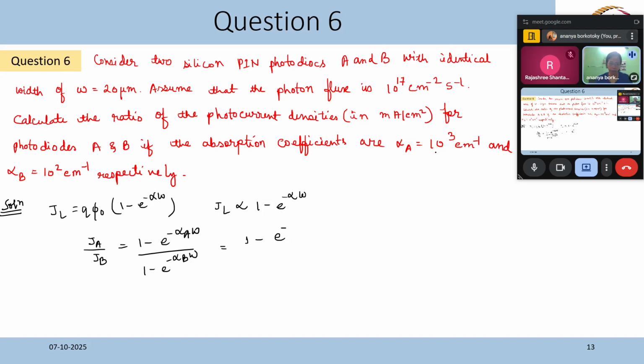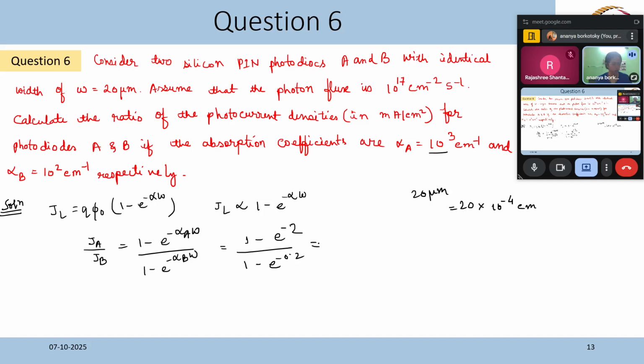Alpha is 10 to the power 3 and my W is 20 micron. In centimeter this is 20 into 10 to the power minus 4 centimeter, right? Then 20 into 10 to the power minus 4 into 10 to the power 3 will be 2, so exponential minus 2. For the other, alpha is 10 to the power 2, so if I multiply with W, this will be 0.2, exponential minus 0.2.